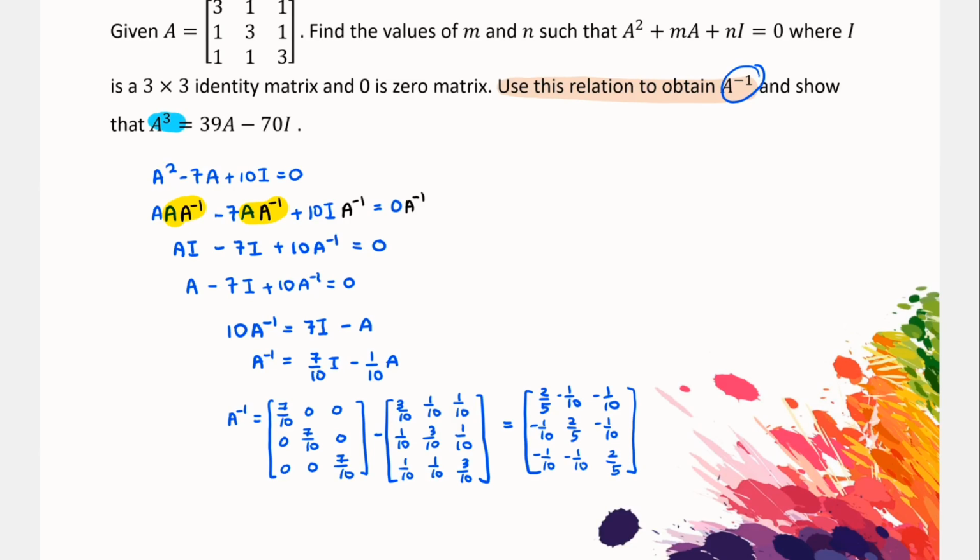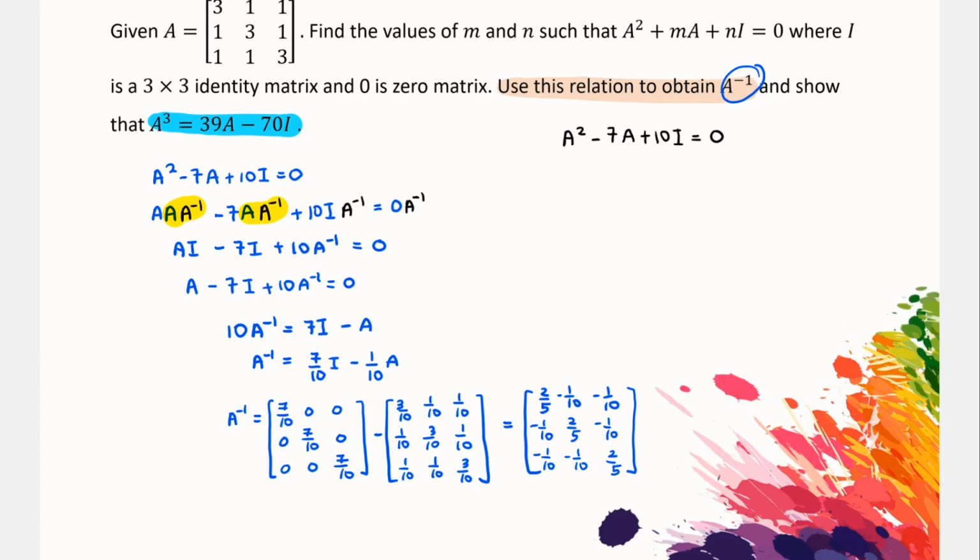Show that A cube is equal to 39A minus 70I. So let us start with A squared minus 7A plus 10I equals to 0.